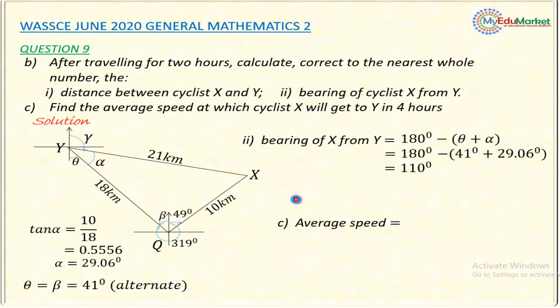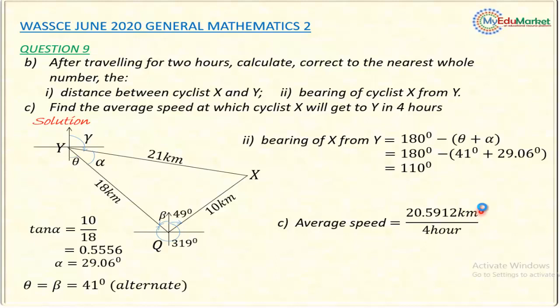Speed, remember, is distance divided by time. The distance from X to reach Y is 21 kilometers in this question. So I'm going to have 20.5912. I decided to use this instead of 21 to avoid errors, because this 21 was an approximated value. So I decided to use 20.5912, the one obtained before approximating to the nearest whole number to get 21.